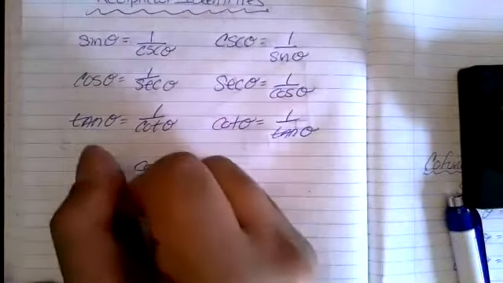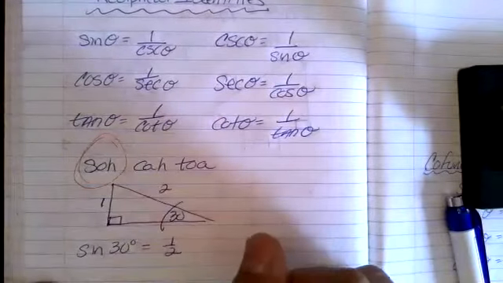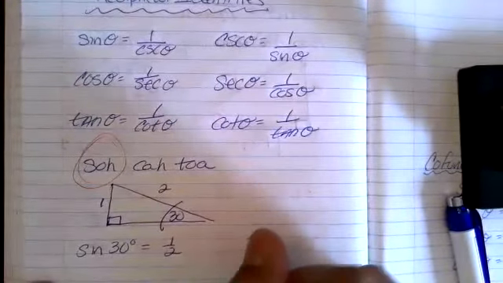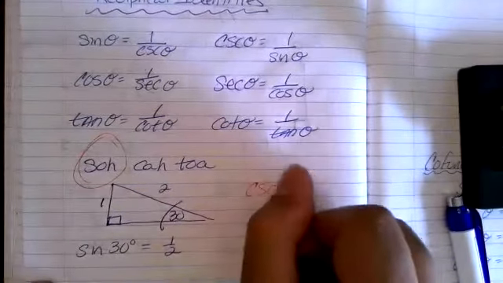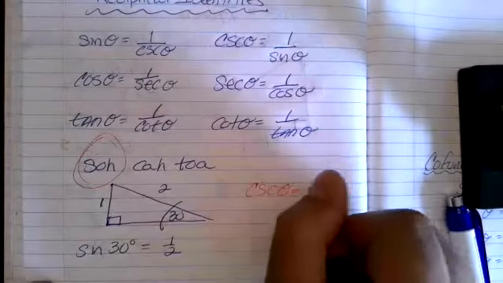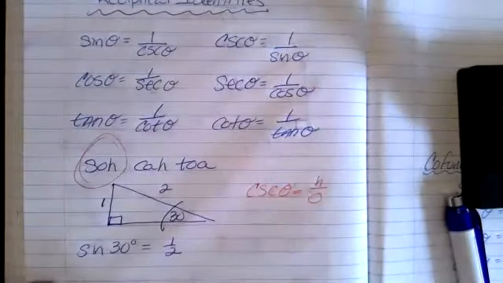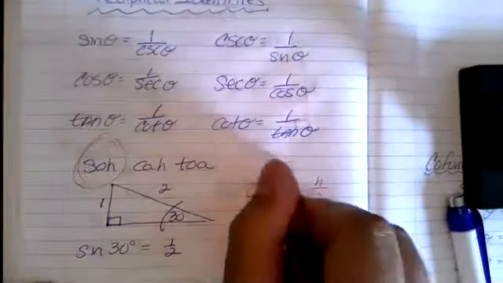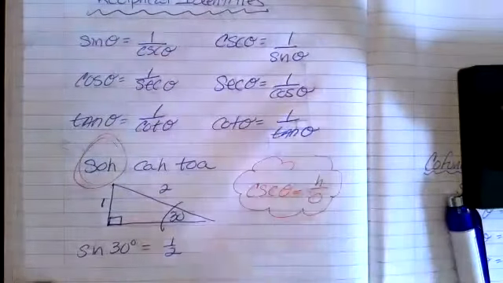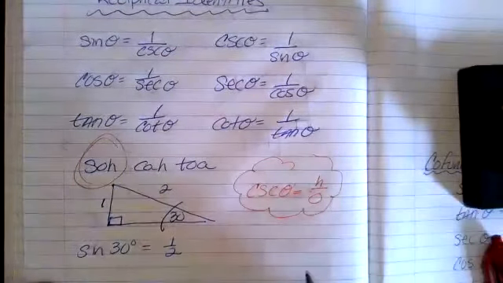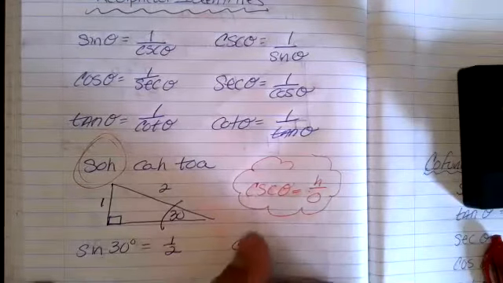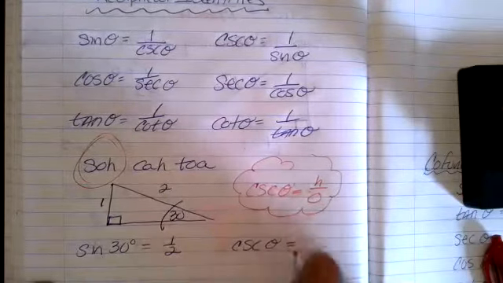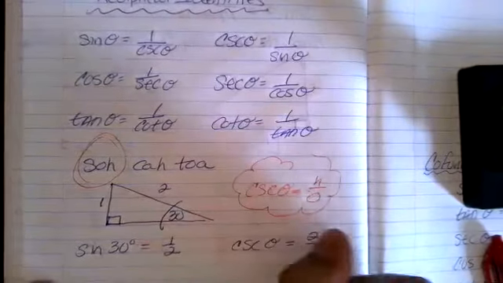But cosecant of theta is equal to my hypotenuse over my opposite. So if I was looking for the cosecant of this, I could say cosecant of theta is equal to 2 over 1.